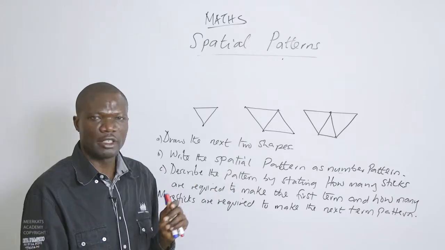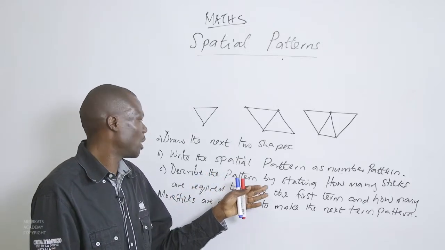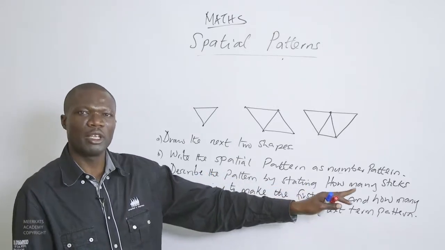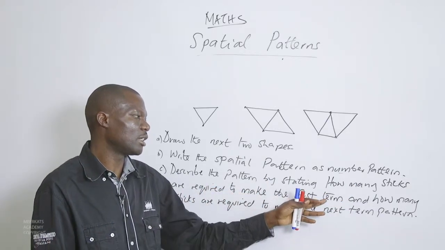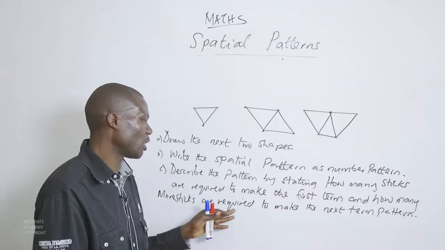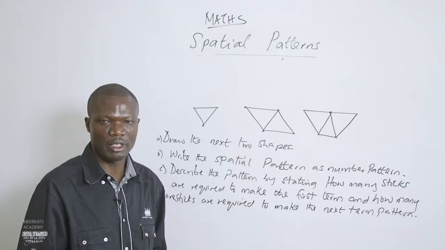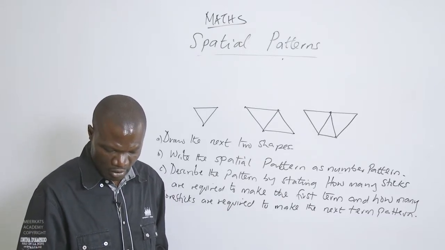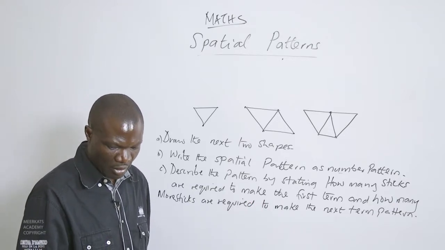Question 3, describe the pattern by stating how many sticks are required to make the first term and how many more sticks are required to make the next term in the pattern.